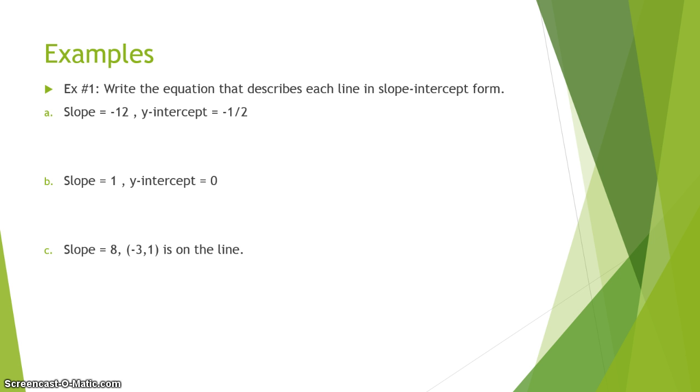So what we're going to do with A, B, and C is take what's given to us and put it in the form y equals mx plus b. For A, they're giving me my slope is negative 12, and my y-intercept is negative half. Remember, with the slope-intercept form, m represents your slope, and b represents your y-intercept.